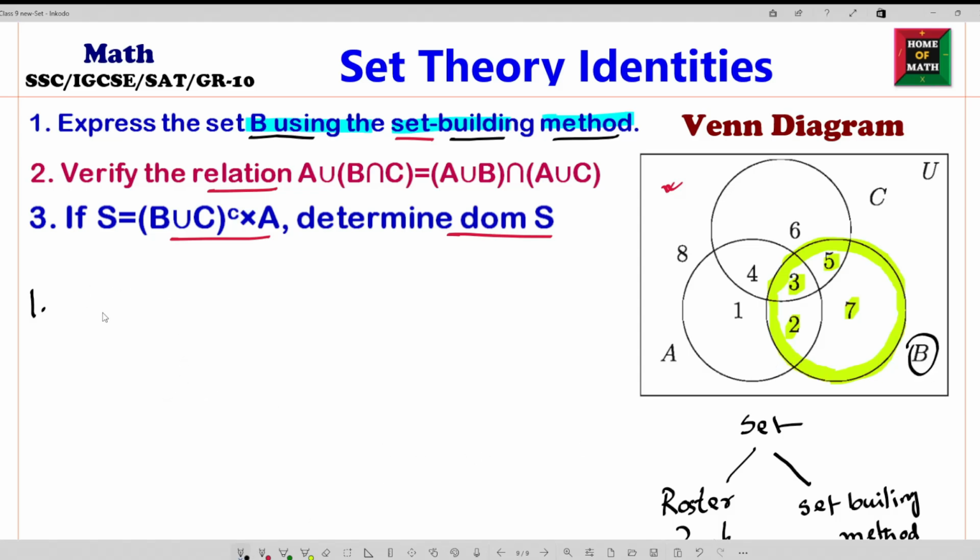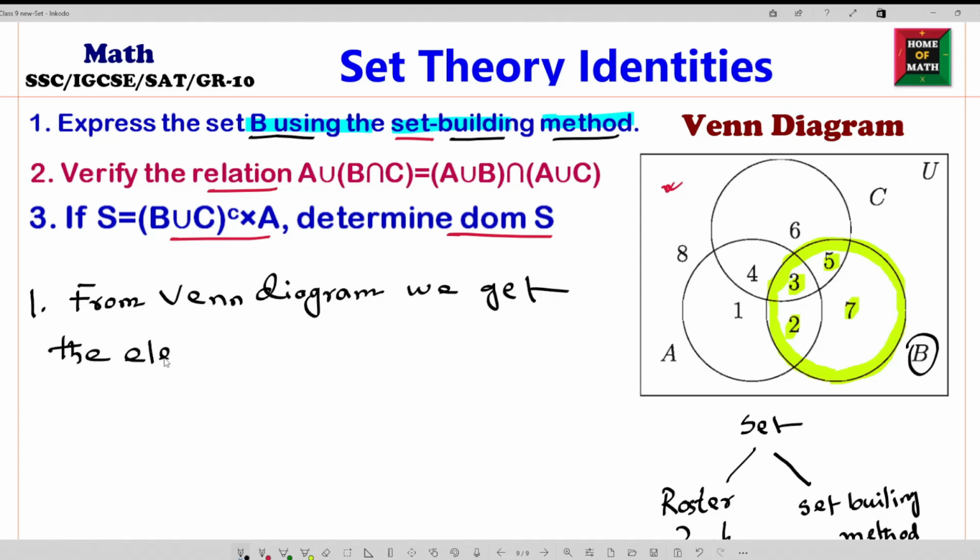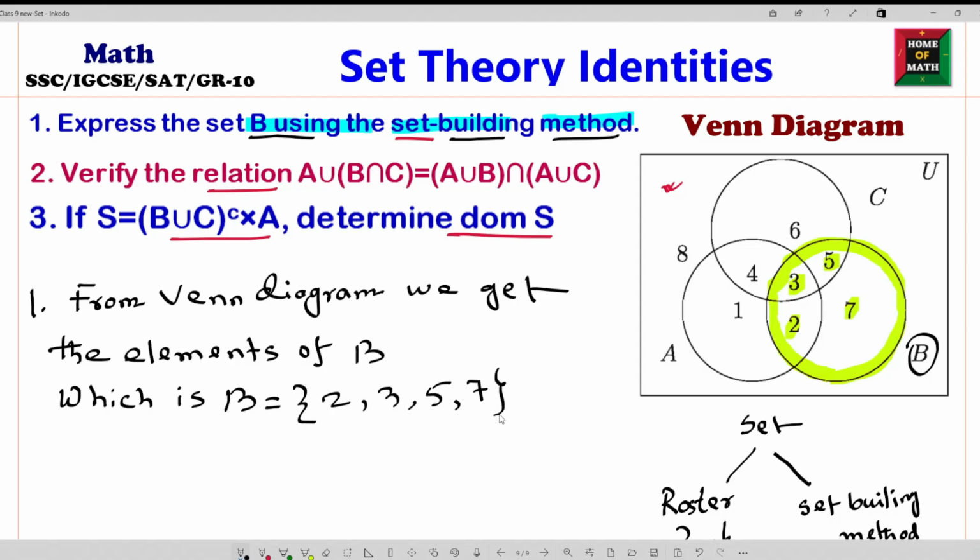So from the Venn diagram we get the elements of B, which is B equals to what? 2, 3, 5, 7.